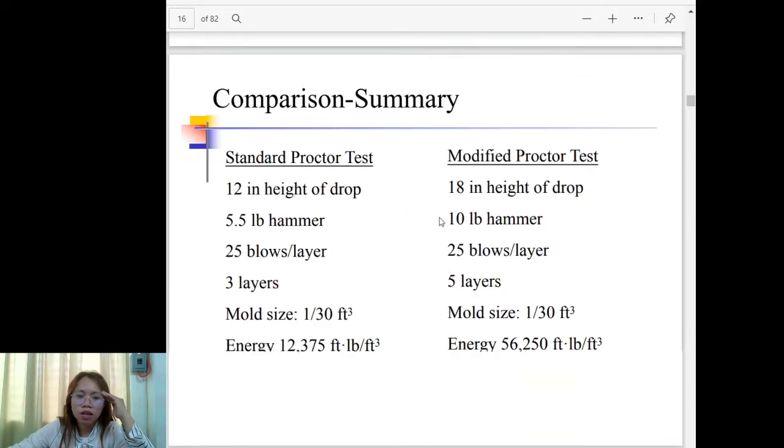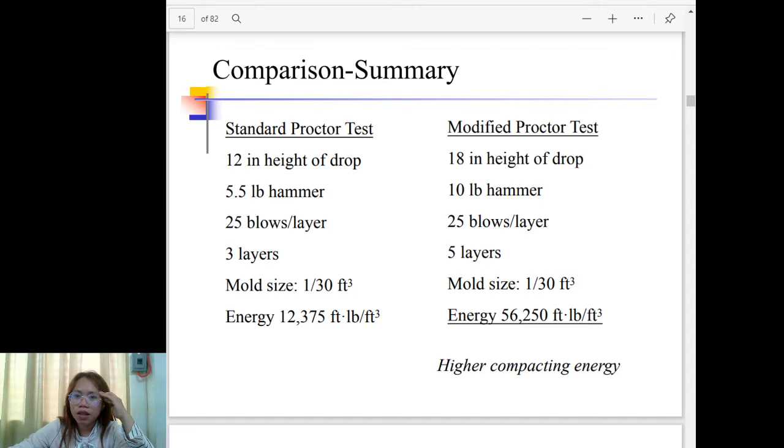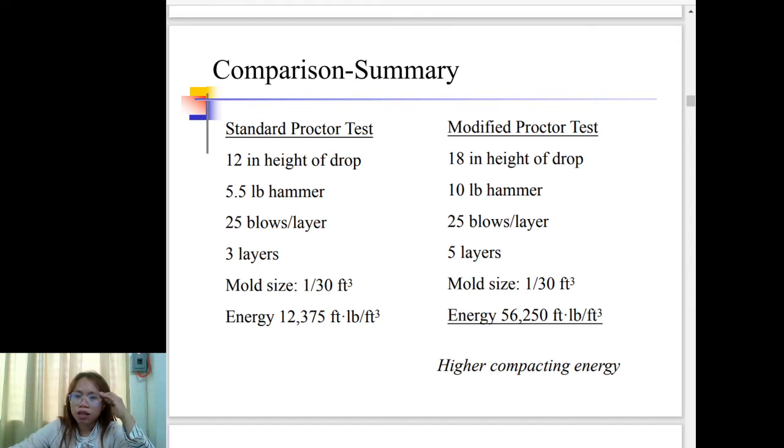Yes, number of blows. For the comparison summary, we have the standard Proctor test and the modified Proctor test. Observe, or you can notice, that the modified Proctor test is of higher compacting energy because of course the height of drop is 18 inches, mas taas siya, and also the weight of the hammer, which is 10 pounds, almost twice of the standard Proctor test.